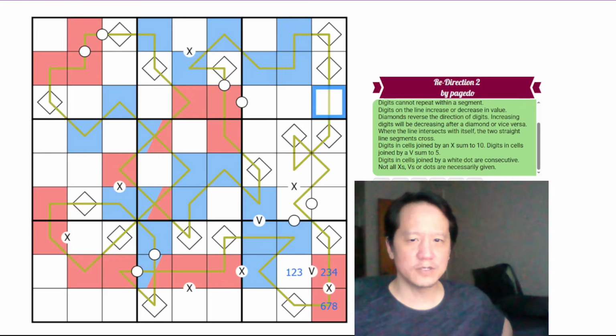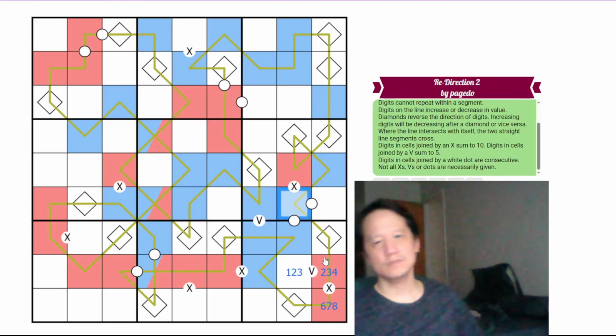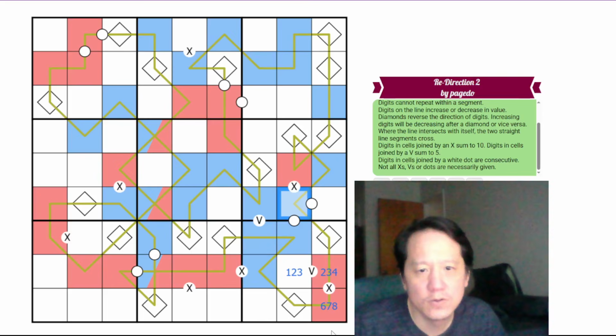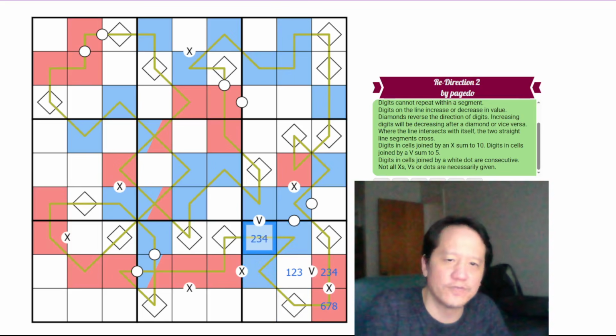Increasing here, decreasing here. Increasing here, and decreasing here. Interesting. So this is decreasing. So this is also 2, 3, or 4.